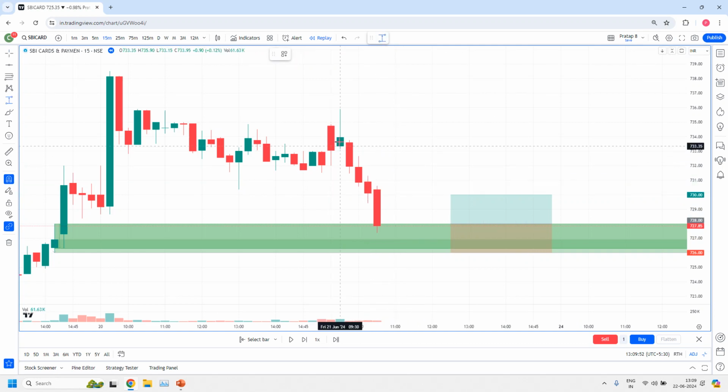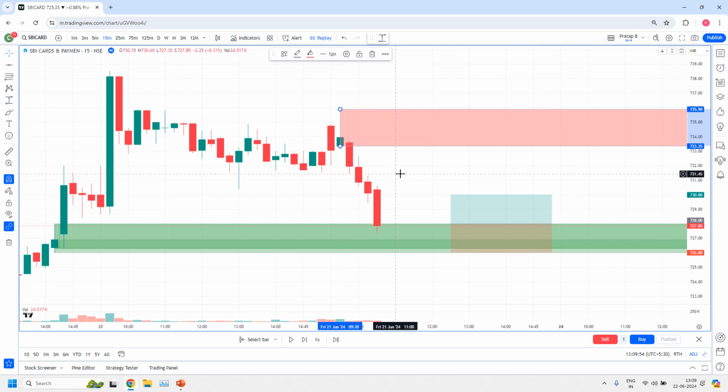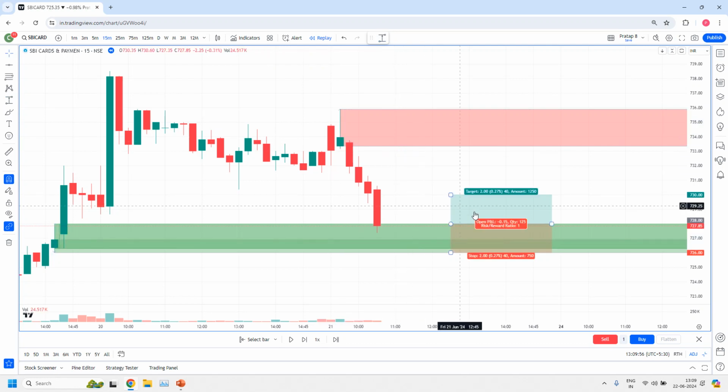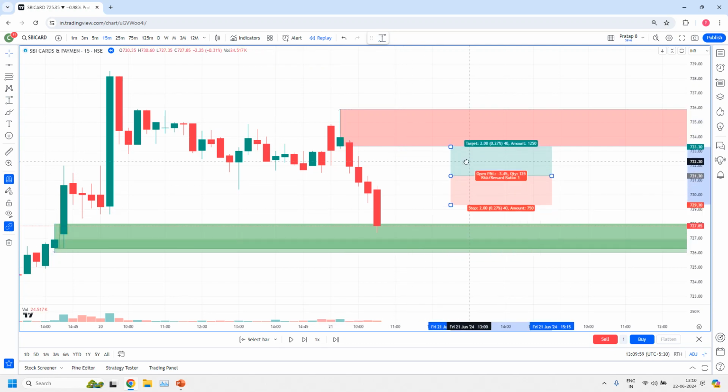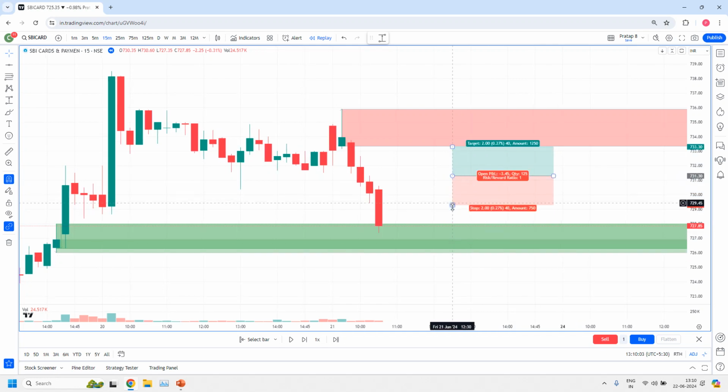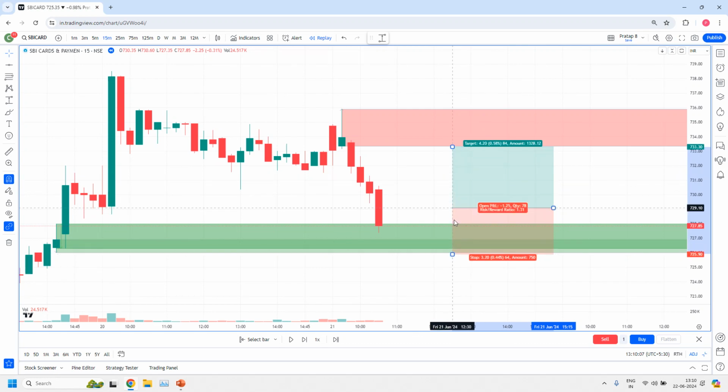Then which is the valid zone? This is the one above. We have a sufficient RR from here to here. What was the RR we have? Okay, week to week, here only we have 1:2.5.